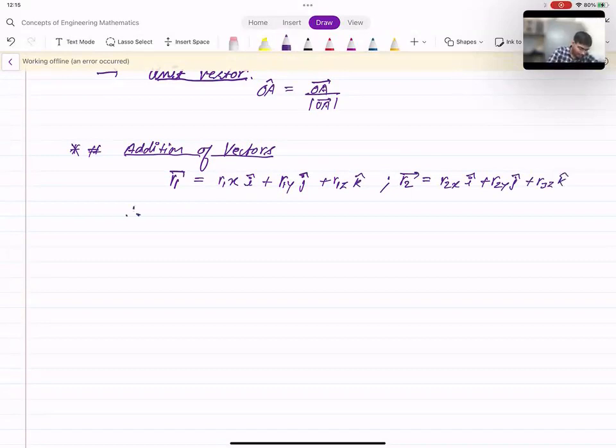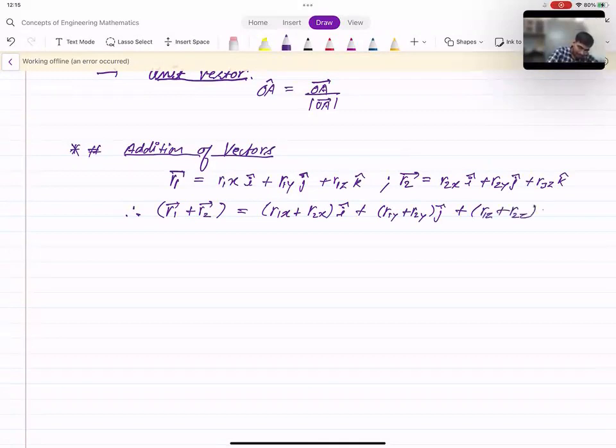So their summation will be nothing but the sum of the individual components. Vector r1 plus r2 will be: x gets added to x, so r1x plus r2x i cap, plus r1y plus r2y j cap, plus r1z plus r2z k cap.